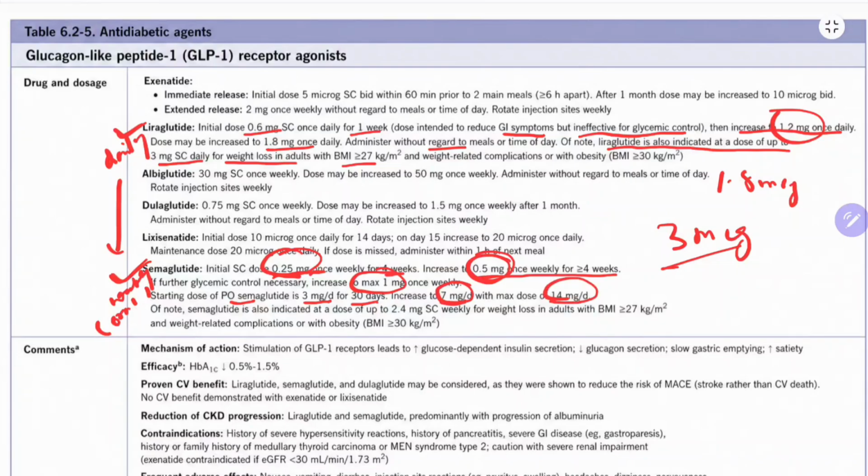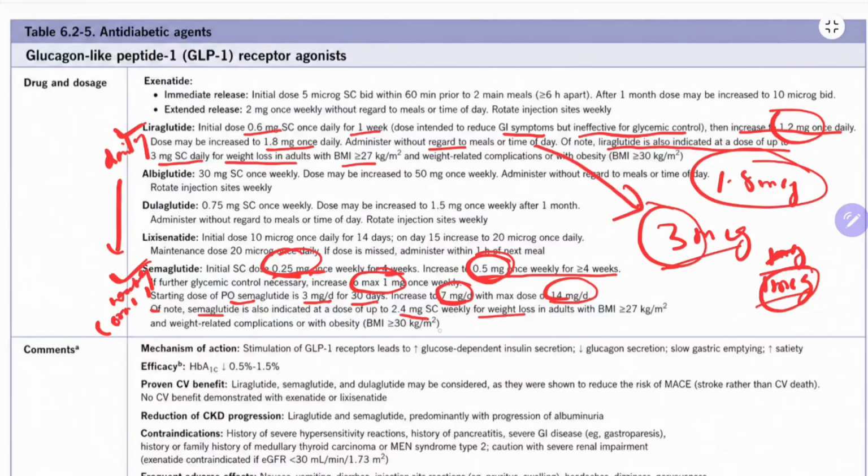Of note, semaglutide is also indicated at a dose of 2.4 mg subcutaneous weekly for weight loss. So I said the maximum dose for diabetes mellitus is 1 mg, similar to liraglutide's 1.8 mg, but the weight loss dose of liraglutide is 3 mg. Similarly, the weight loss dose of semaglutide maximum is 2.4 mg.